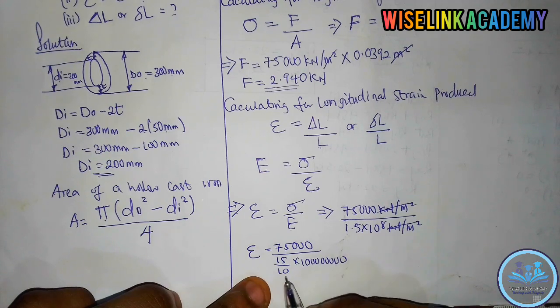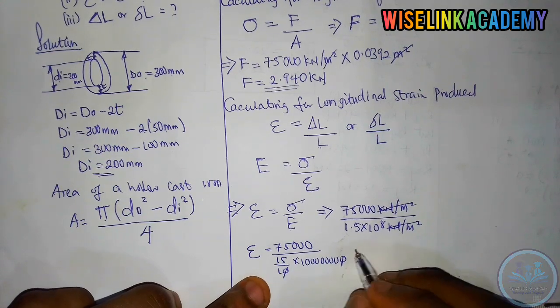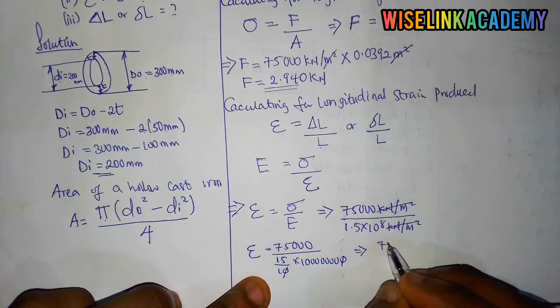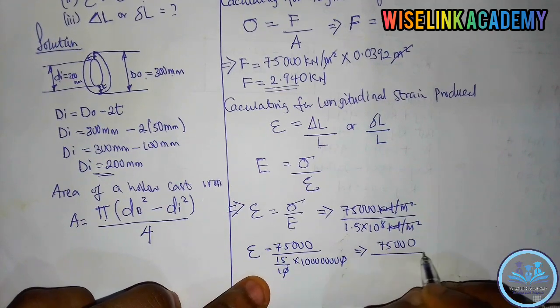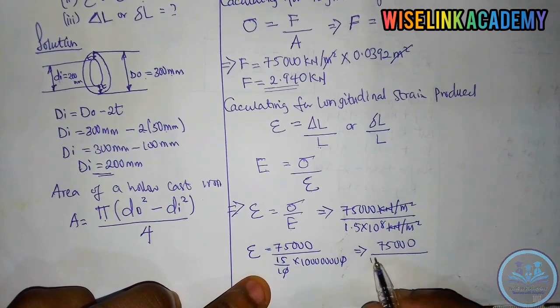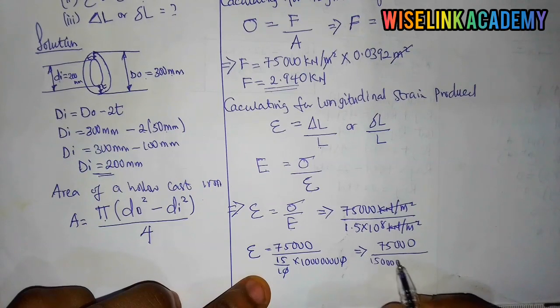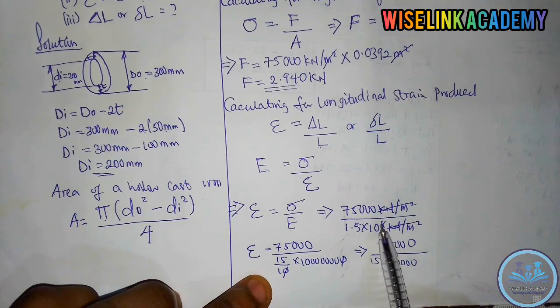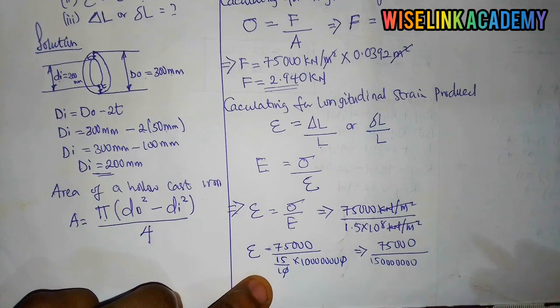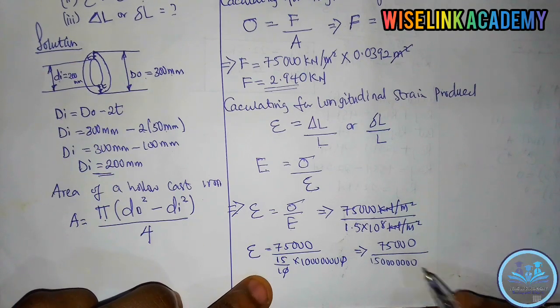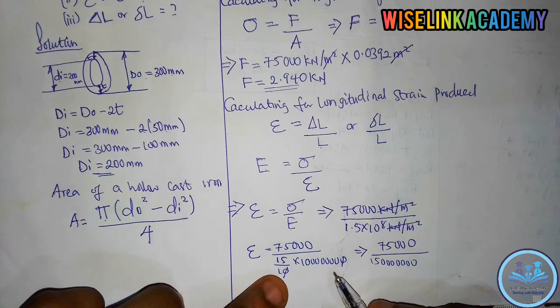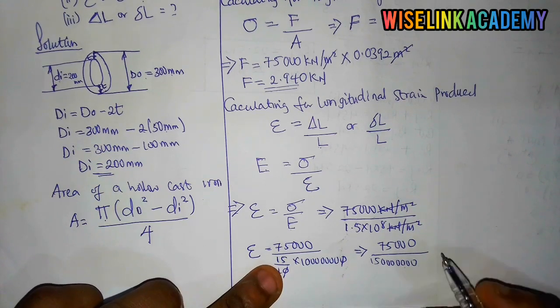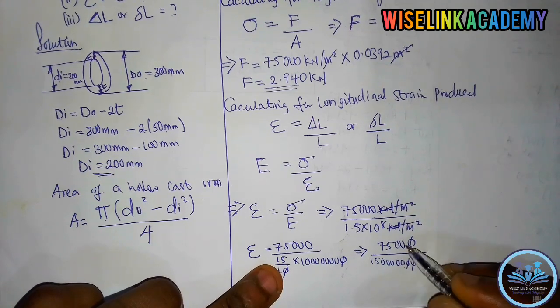So if I cancel out this, I'll be left with 75,000 divided by this, which should be my answer. You can press your calculator directly to give your answer, but without a calculator you can survive using this method. So you cancel out this, you times this to this, you're having this. So I can just cancel out the zeros.